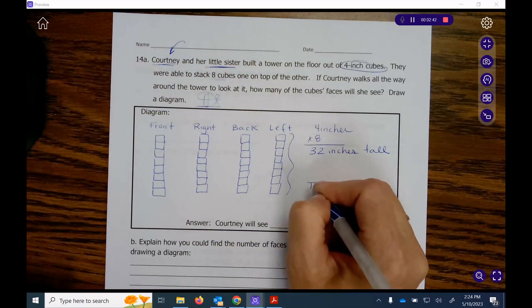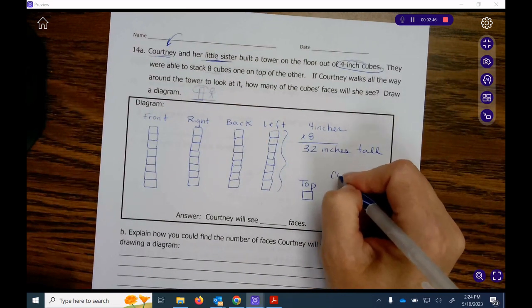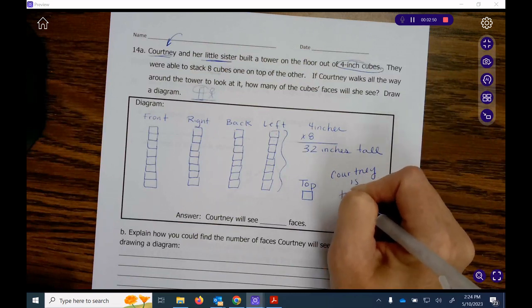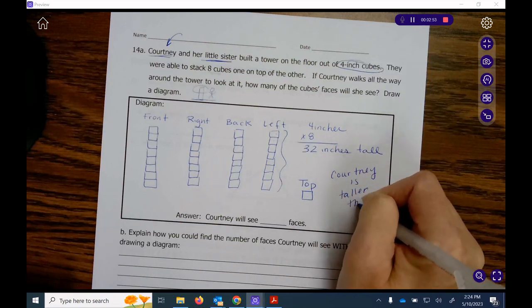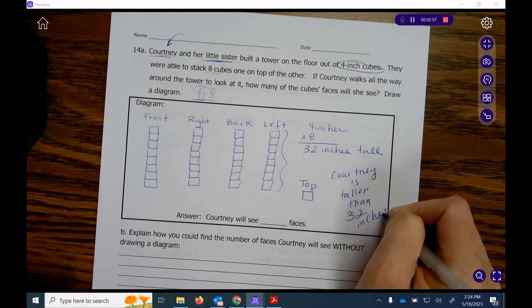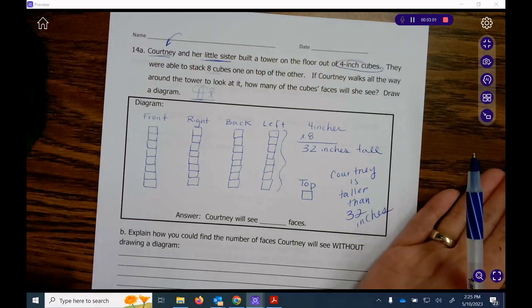So she's going to be able to see the top. Now she can't see the bottom because the bottom is actually on the ground.